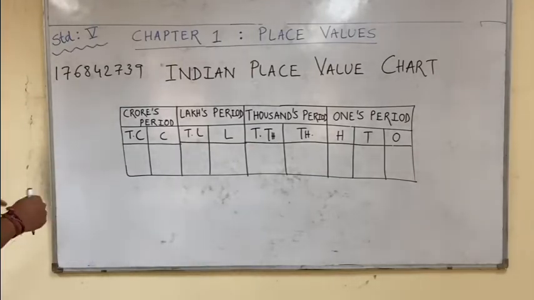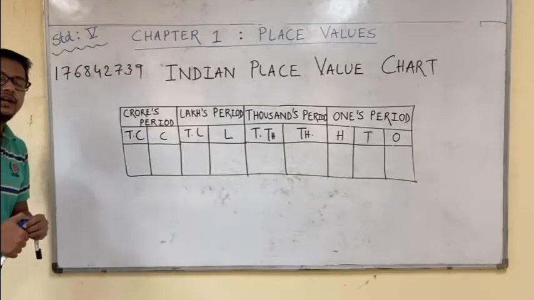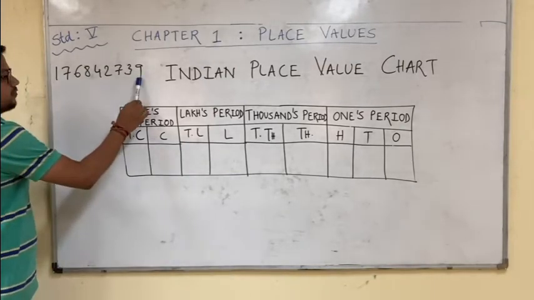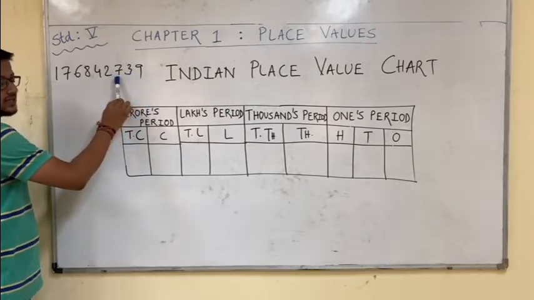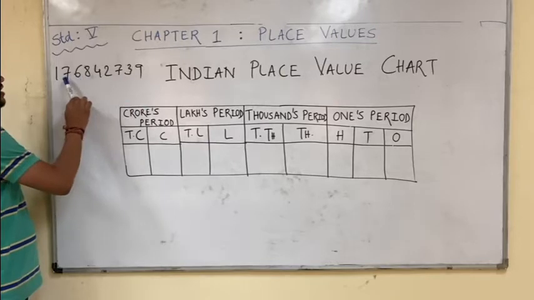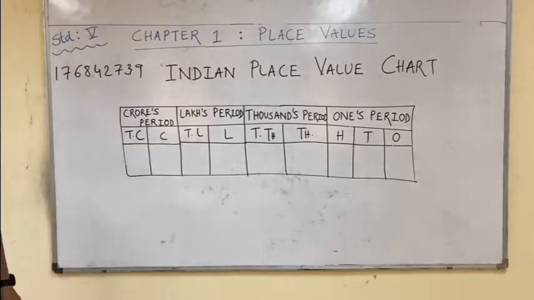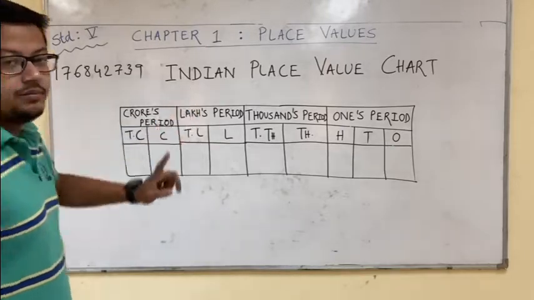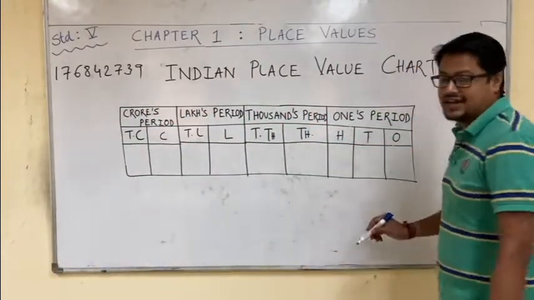Now whenever you represent a number in Indian place value chart, first you calculate which places are there: ones, tens, hundreds, thousands, 10,000s, lakh, 10 lakh, crore, 10 crore. And for avoiding mistakes, always try to write down the number from the back side so that places are not missed.